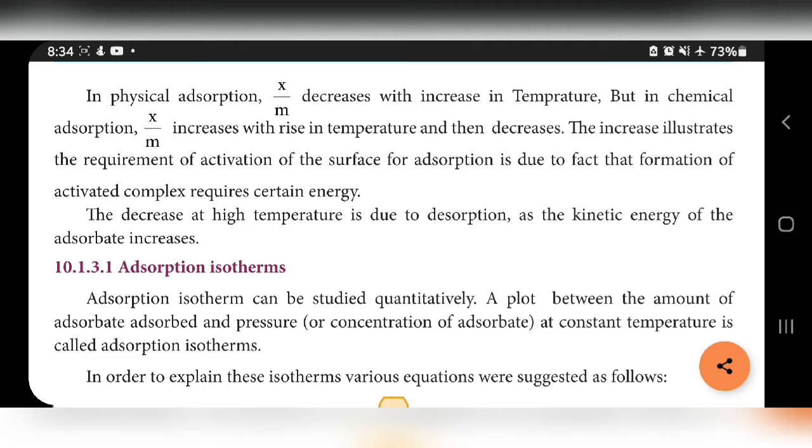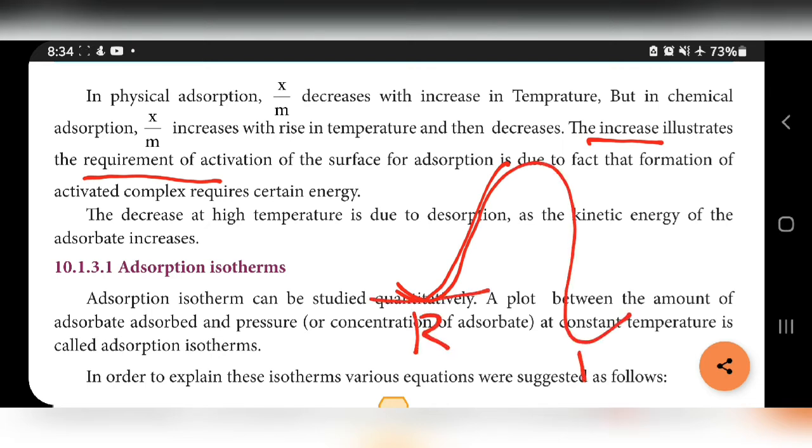The increase illustrates the requirement of activation of the surface for adsorption, due to the formation of activated complexes, which requires certain energy. So in chemical adsorption, first it increases. This increase illustrates the requirement of activation energy. For converting reactant into product, some amount of energy is required, that is called activation energy.